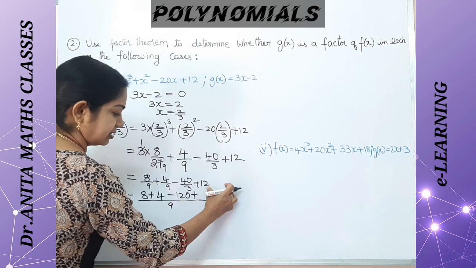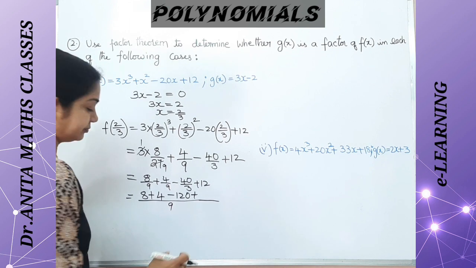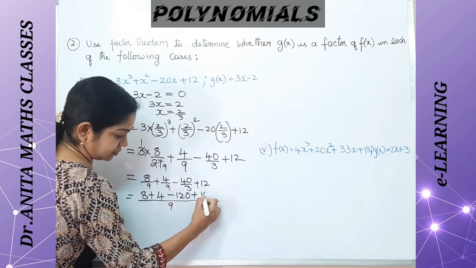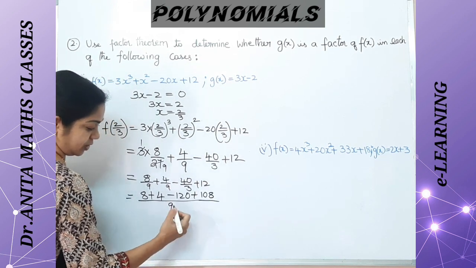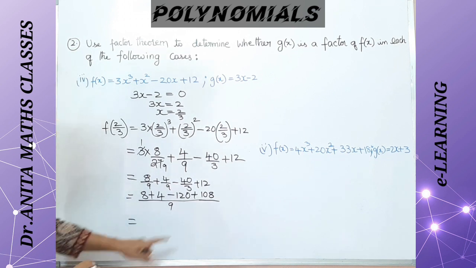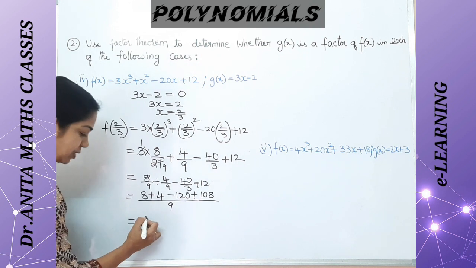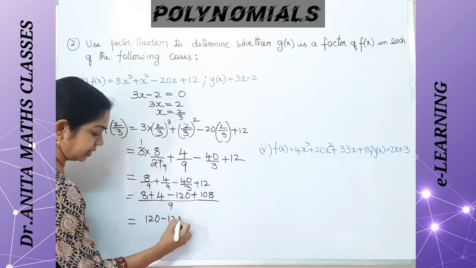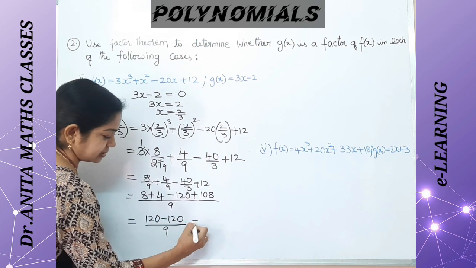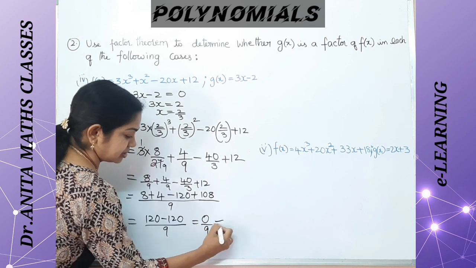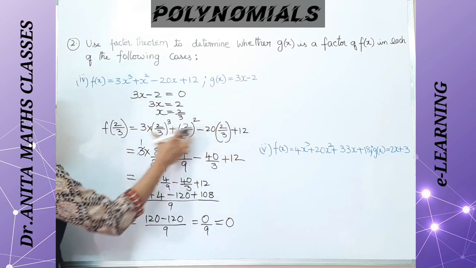So if nothing is there, you can take denominator as 1. So this is 108, 12 nines are 108. If you add 108 and 12, it comes to plus 120, minus 120 divided by 9, this is 0 by 9, that is nothing but 0. We got the value of this as 0.